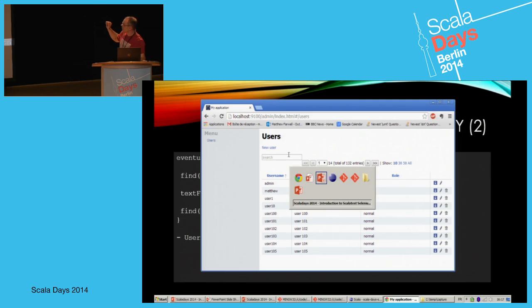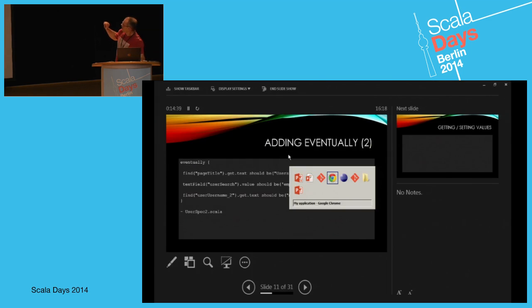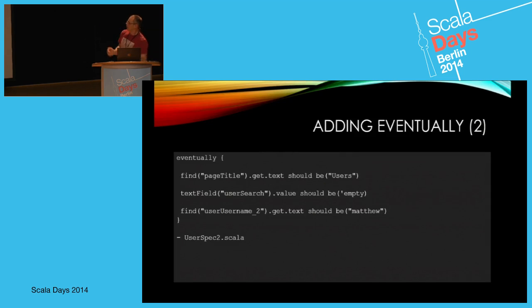In that case, what you need to do is put all of it into an eventually. And it will repeat everything that's in that inner loop every time until the 15 seconds are up.